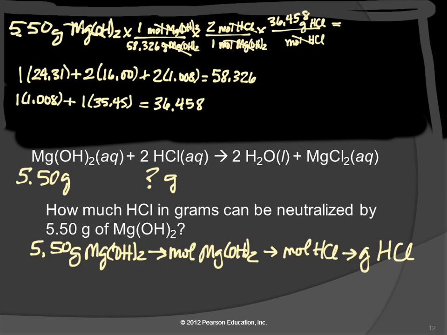Got all my numbers in, my units all cancel out. Now I just do the math. 5.5 times 1 divided by 58.326 times 2 divided by 1 times 36.458 equals.